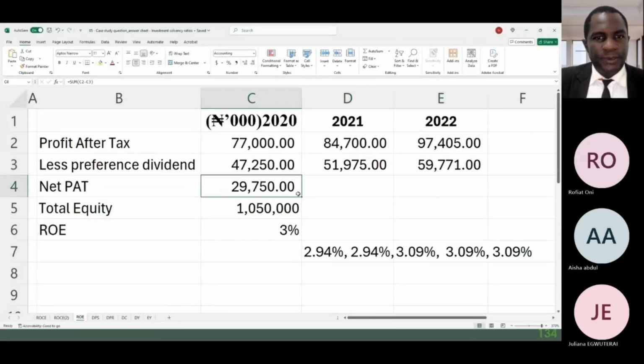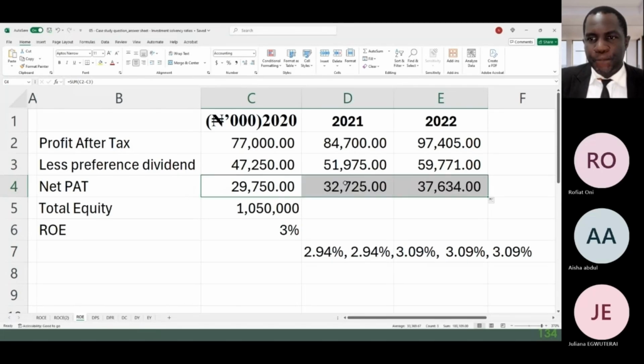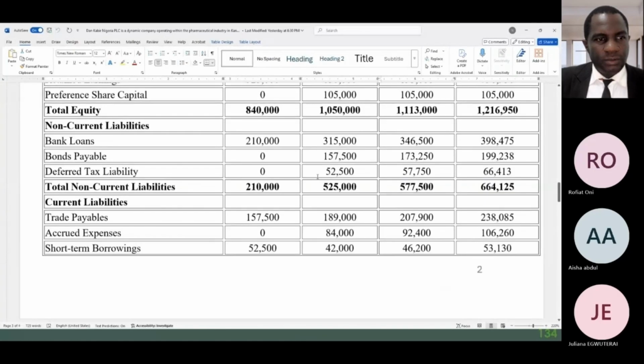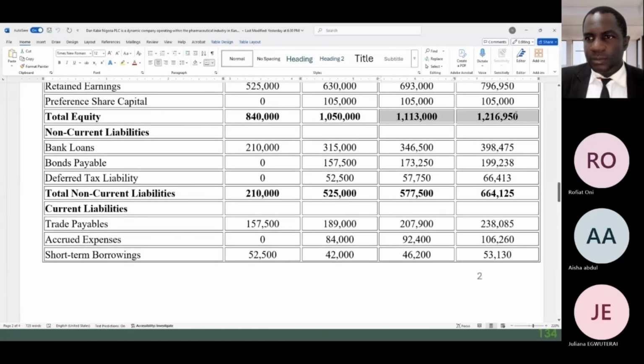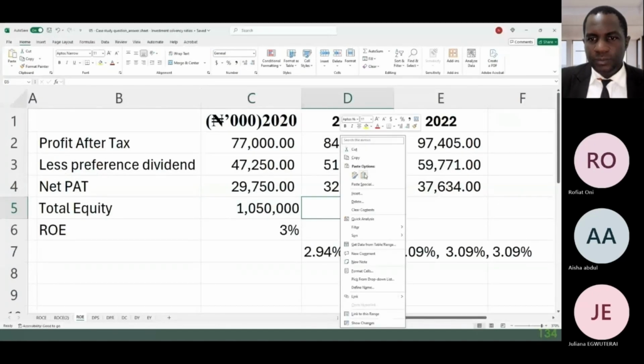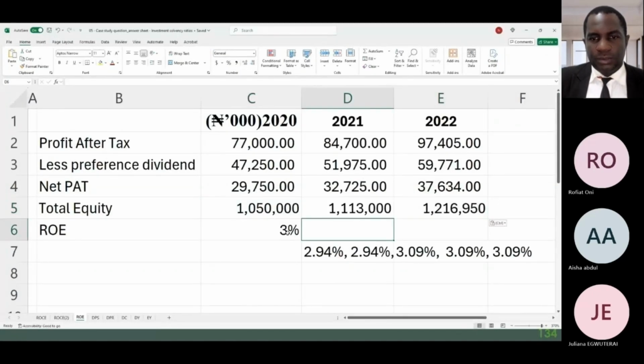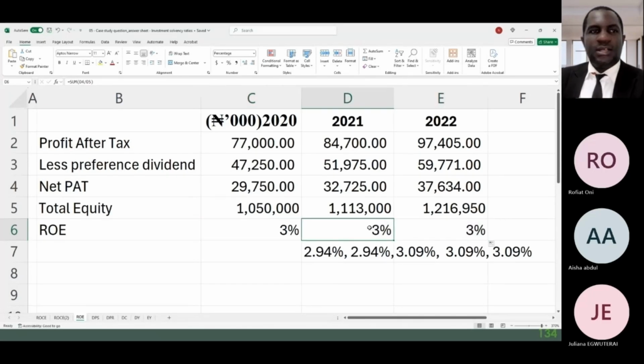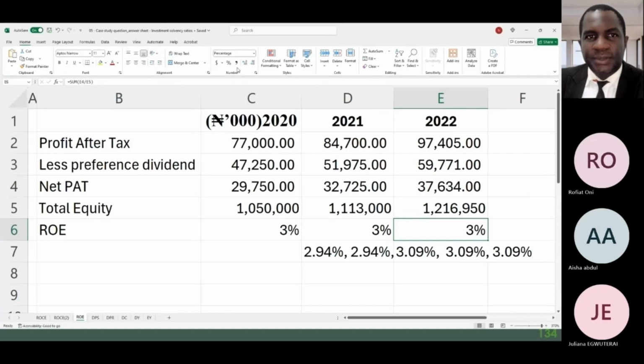Then my total equity, two of them here. So the percentage is exactly 2.94 and 3%.